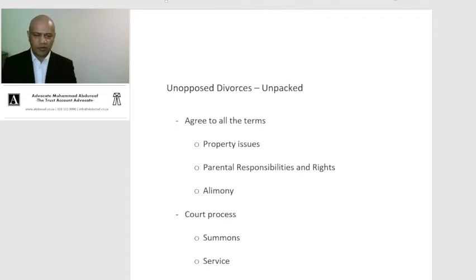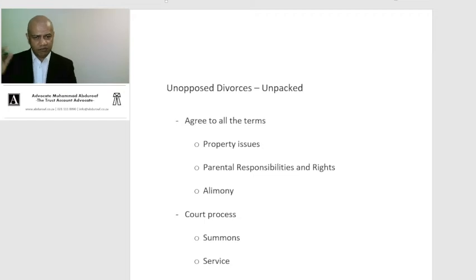Or with the clause stipulating that you are an alcoholic, the defendant can say, I deny that specific clause, I'm not an alcoholic. And then the defendant would have an opportunity to file a counterclaim, whereby he will stipulate what he wants ultimately at the end of the whole process. So that's if the divorce is opposed. That's a different process that will be followed.